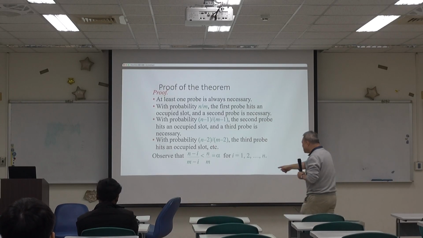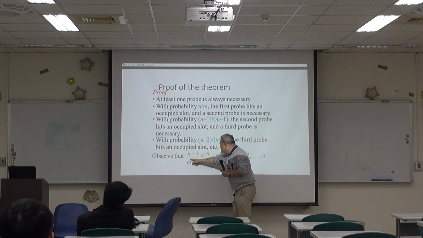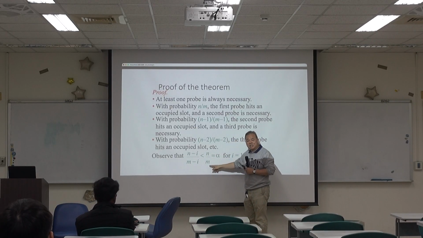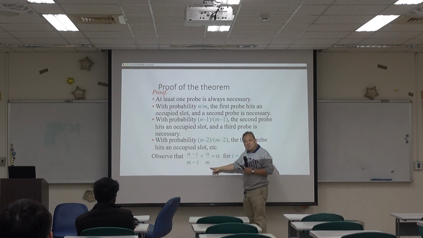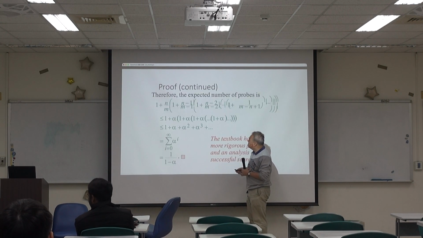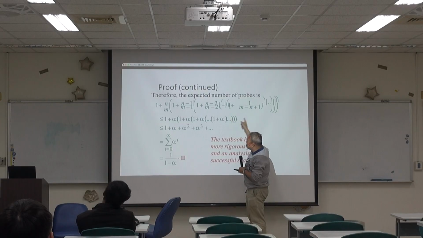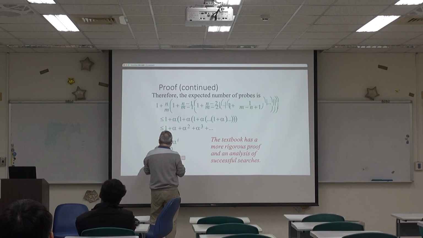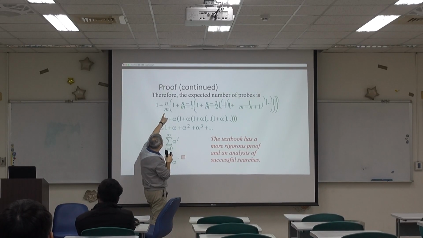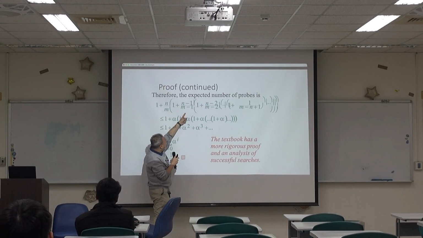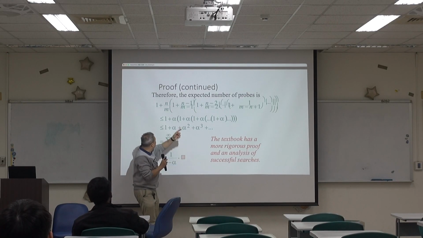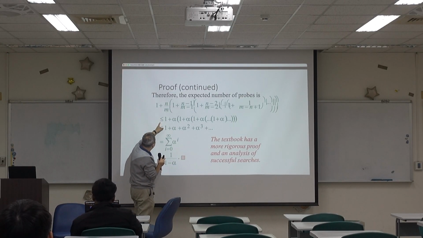Okay, so we have that, right? And this one obviously is alpha, right? Okay, this is alpha. So we have this, right? Because we are replacing these terms with a bigger number, this is going to be smaller or equal, right?